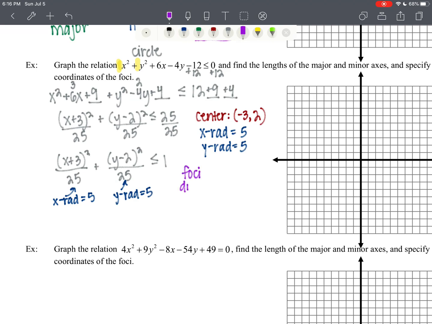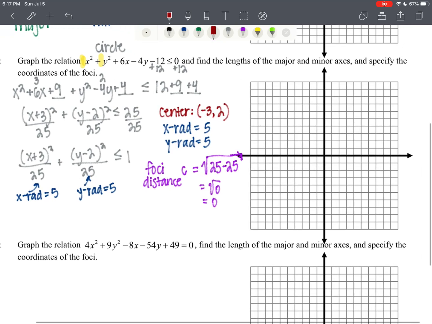The foci distance is equal to c, which is the square root of the larger denominator minus the smaller denominator, and that's the square root of 0. So the foci distance is 0 units away from the center, which means there's only one focal point, and it happens to be the center.